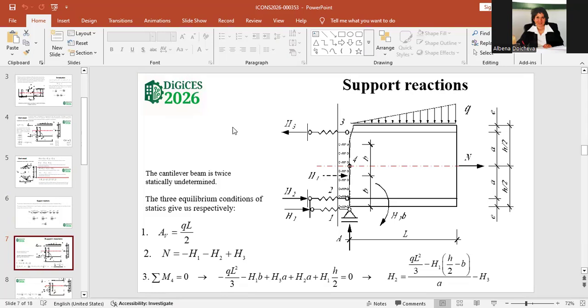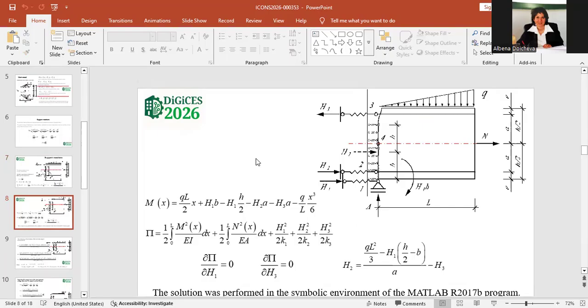We have three equilibrium conditions of statics, and we use these three equations. The first two equations are for forces, and the third equation is the moment equation about point 4. From this equation, we can find one support reaction as a function of the other two. We decide that this support reaction is H2.